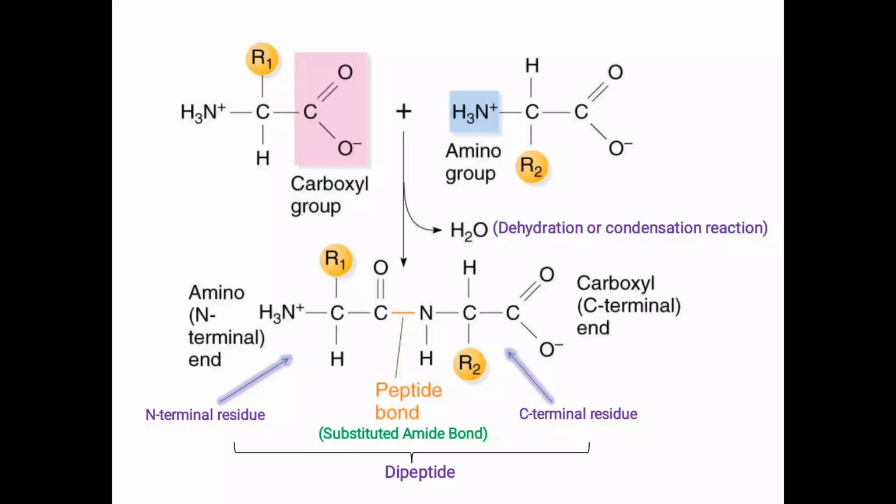If you recall from the previous slide, the hydroxyl group of the carboxyl group is removed from the first amino acid, which reacts with the hydrogen of the amino group of the next amino acid to form a peptide bond with the release of water. So, that amino acid is not in the form of a complete structure after the formation of the peptide bond.